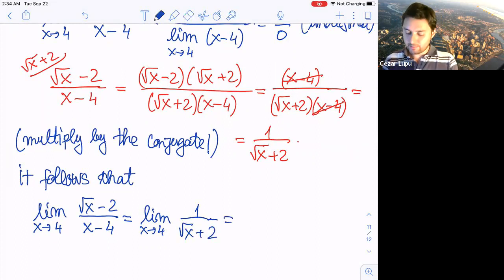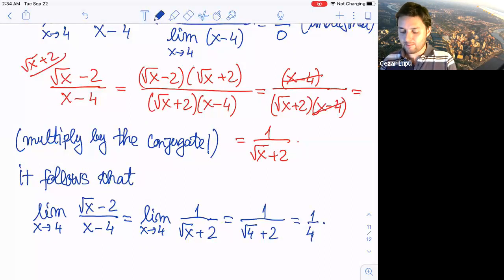And now we can plug it in, so it will be 1 over square root of 4 plus 2, which will give us 1 over 4. And that's it. Keep in mind, always when you deal with radicals and you apply any rule and you get something that is undefined, you think of the conjugate.